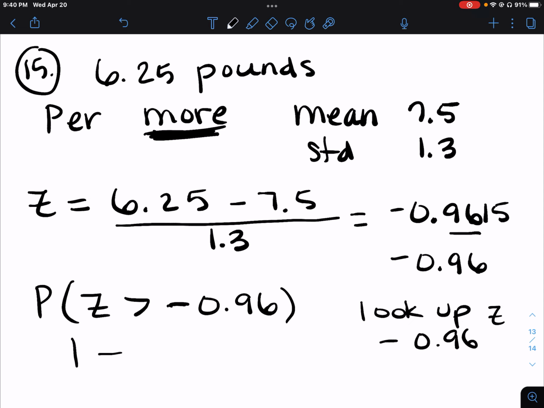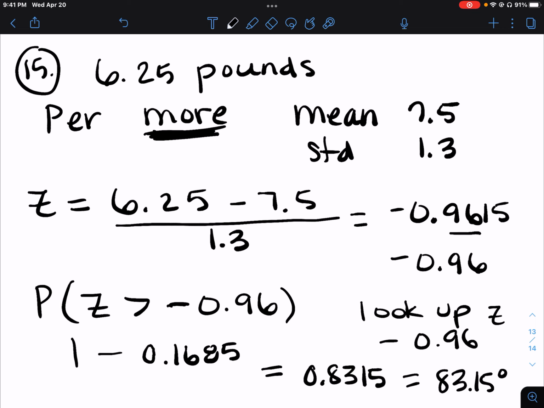Look up z is negative 0.96, and you get that number. 1 minus that is 0.8315, which is 83.15%. We did that because it said percent.